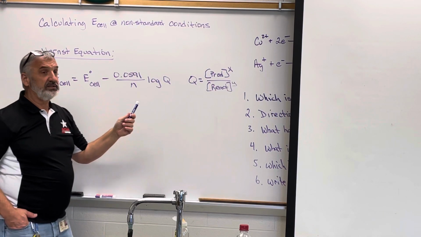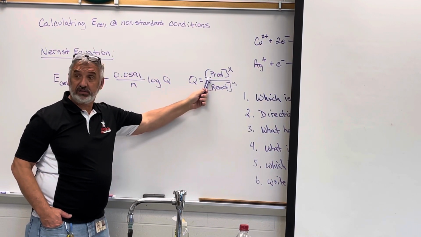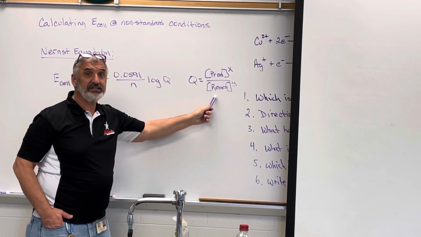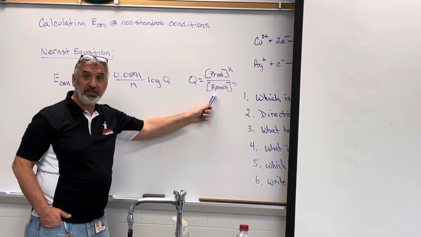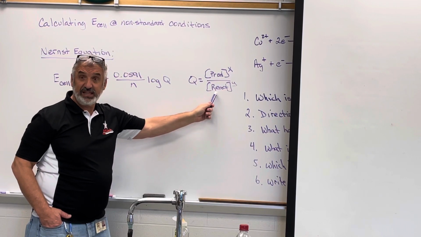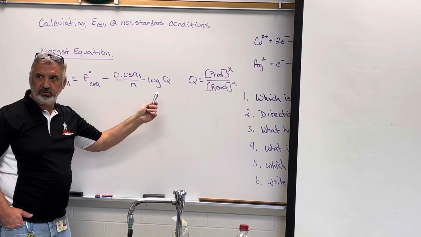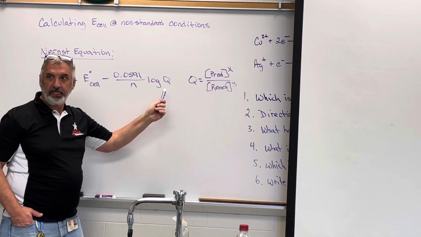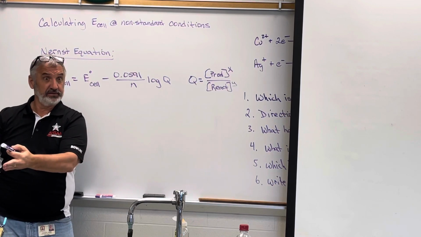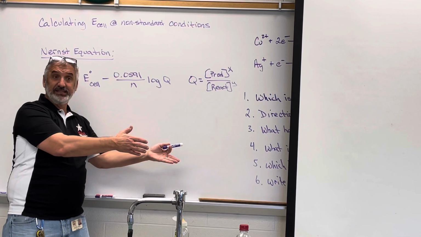But if I start with way more reactants than I have products, what does that mean about my value of Q? Greater than or less than 1? If I have a whole bunch of reactants, greater than 1 molar, 3 molar, 5 molar, it's less than 1, right? What does that mean about the log of Q? Positive or negative? Negative.